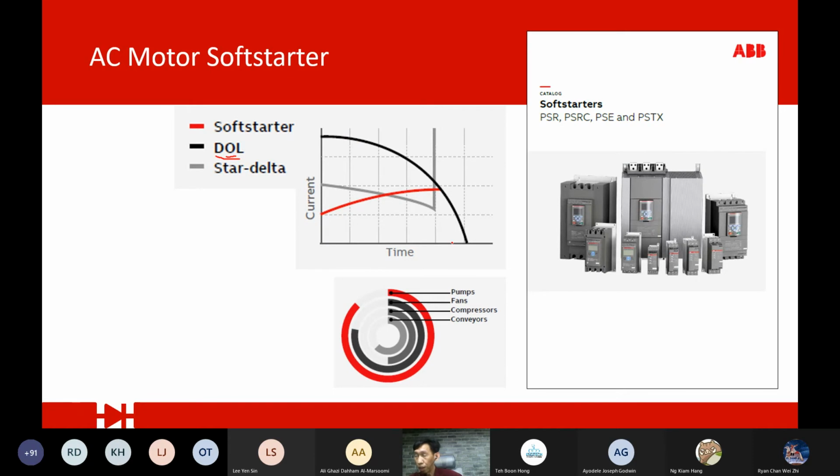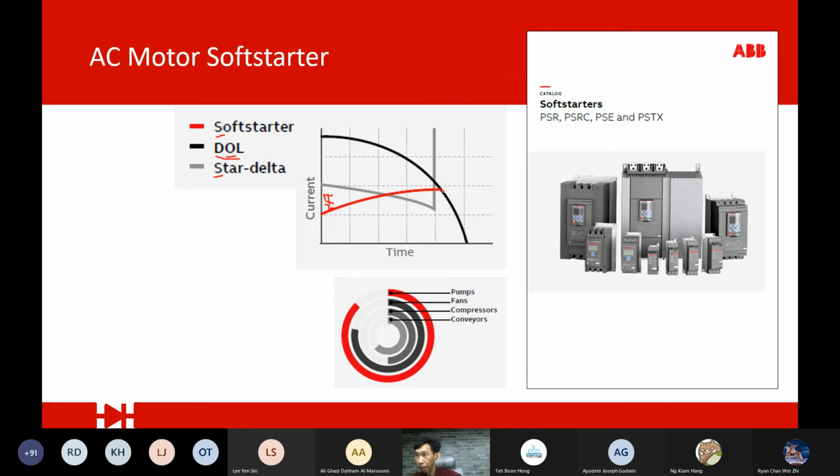Then of course the other way of connection is called star delta, which is not commonly used. The other one, of course, we look at is the soft starter. The moment you start, the current is actually very low. Maybe this one operates at pi/2, 90 degrees, and slowly it becomes pi/3, 4, 5, 6, until pi/10, until normal.